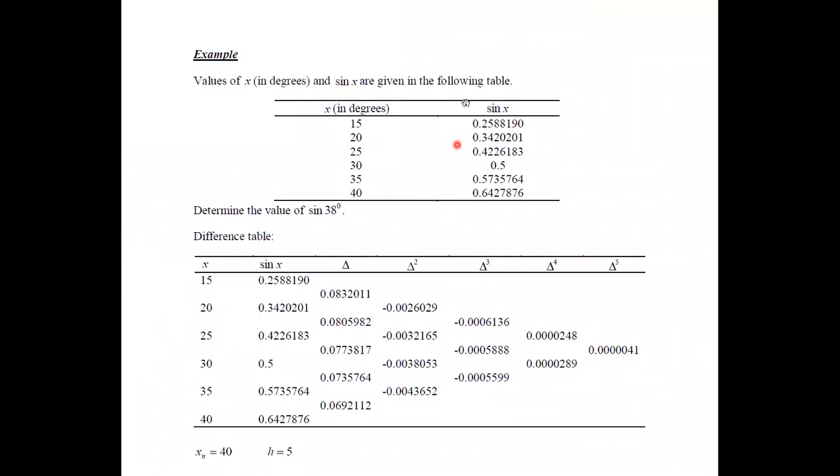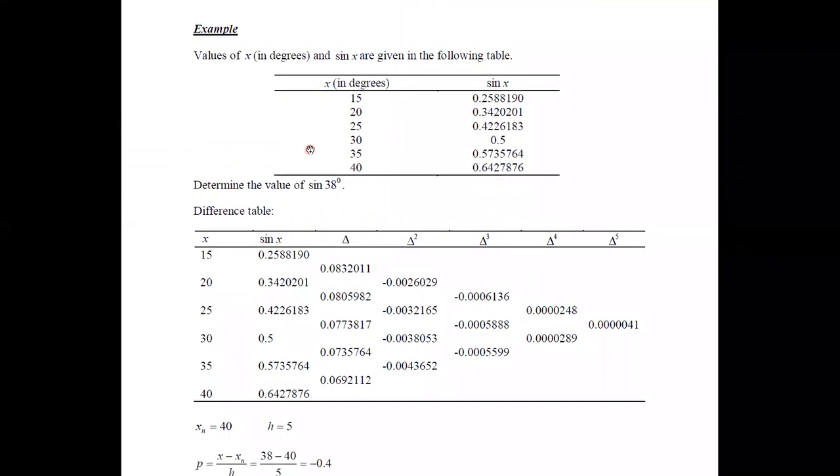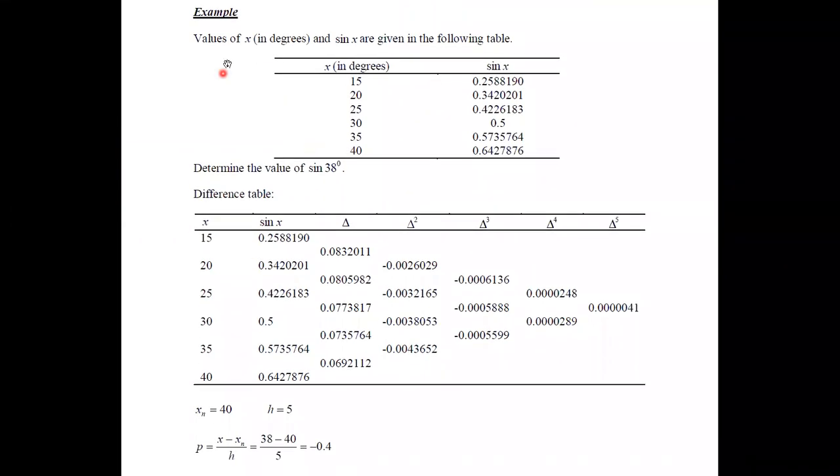This is one example that we can consider for this Newton's backward interpolation formula. Here the values are in degrees. Values of x are given, and this is given as the function sine x. But the next disadvantage of this method is that we are just going to identify polynomials only.